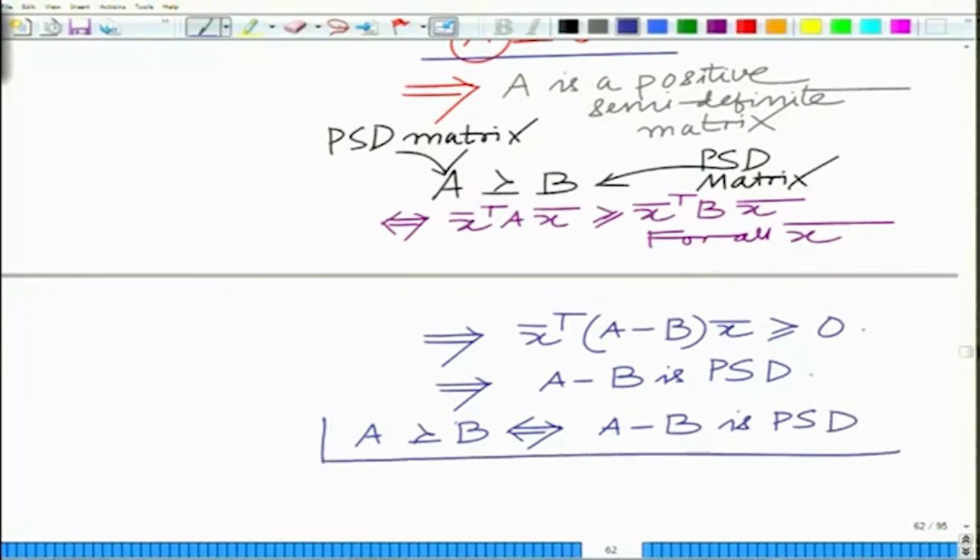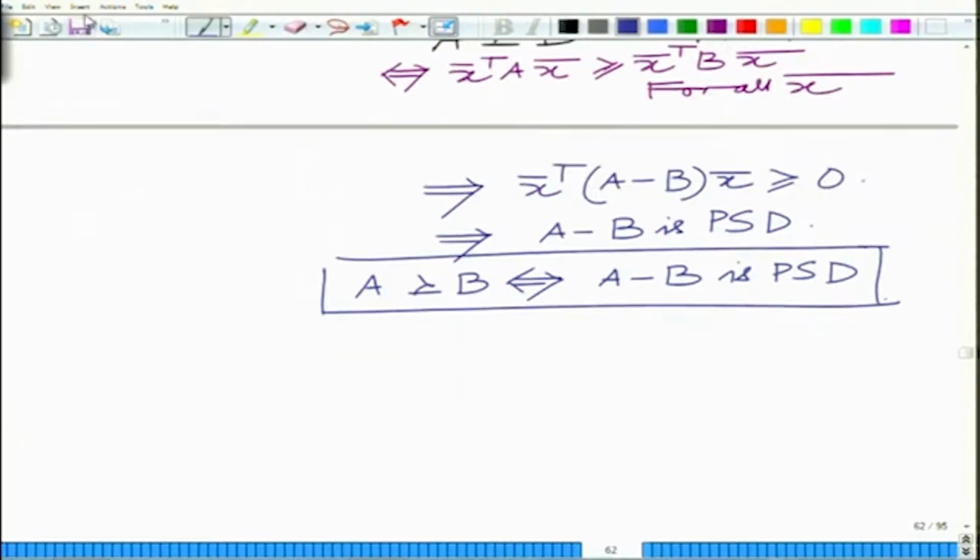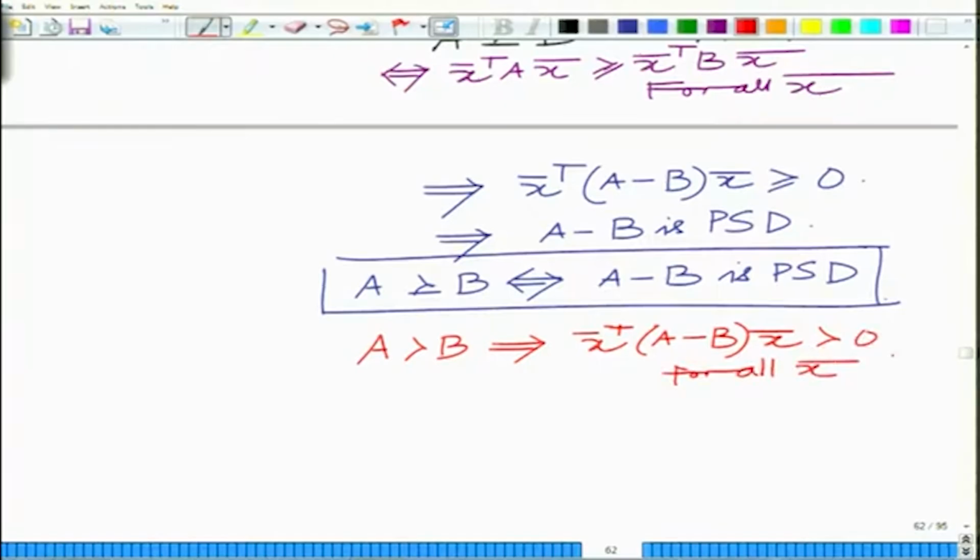This is another way of defining the same thing. So, A minus B is positive semi definite. Now, similarly, if you have a strict inequality, A greater than B, naturally this implies x bar transpose (A minus B) x bar is greater than 0 for all x bar.